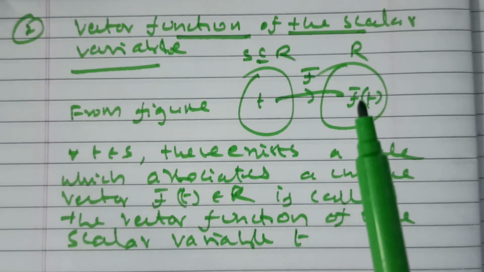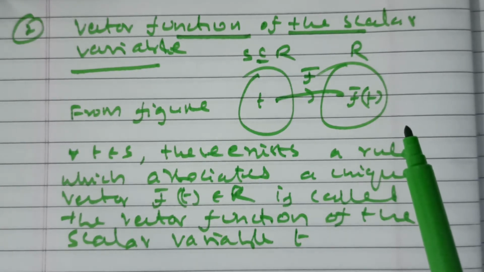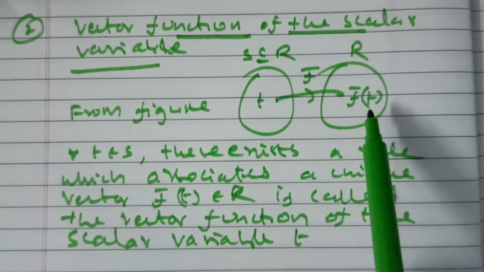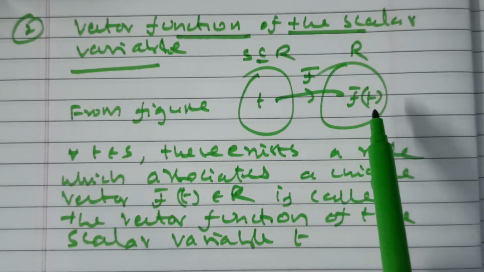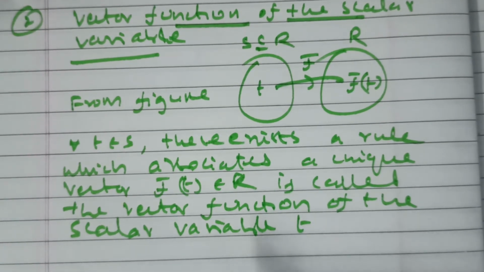See that whereas the function is f bar, and f bar of t is a scalar function of the scalar variable t, whereas now f bar of t is a vector function of the scalar variable.